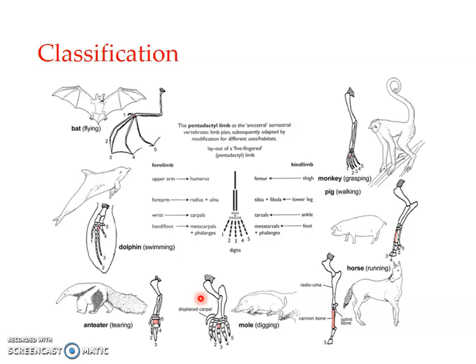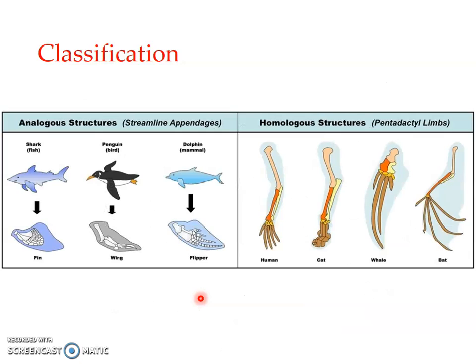Internally, however, they have the same pattern. When we study the origin from the embryonic stage, obviously it will be the same. Here you can see all having the same basic pattern. So this indicates all these animals have evolved from a common ancestor. This ancestor had the same kind of bone pattern in their forelimbs.